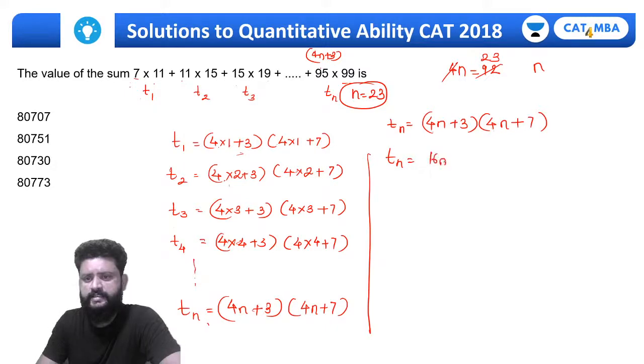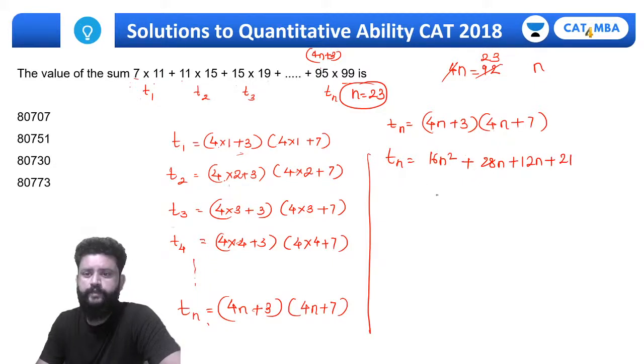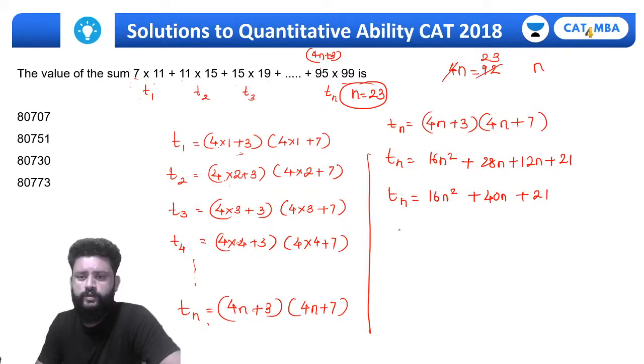I can write this as 16n square plus 28n plus 12n plus 21. That is, the nth term of the series will be 16n square plus 40n plus 21.